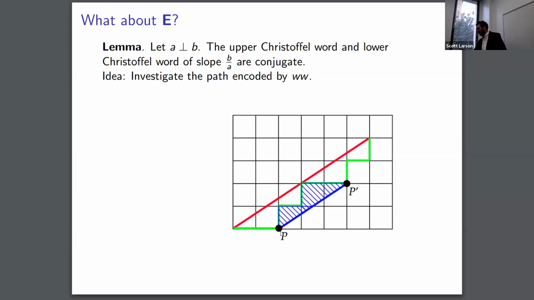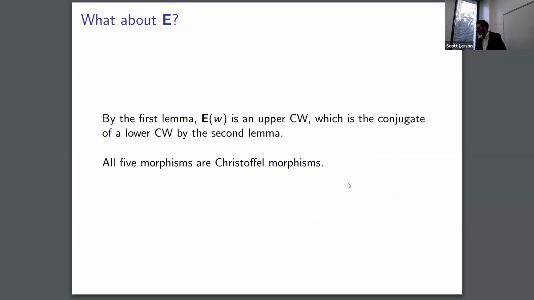If you draw the line that connects those 2 points, you can see that the region enclosed by that and the Christoffel path has no integer points. And of course, it's a conjugate of the Christoffel word. So the upper Christoffel words and lower Christoffel words are conjugate. And those 2 facts together pretty much show that EW is an upper Christoffel word, which is a conjugate of a lower Christoffel word. So all 5 morphisms are Christoffel morphisms.